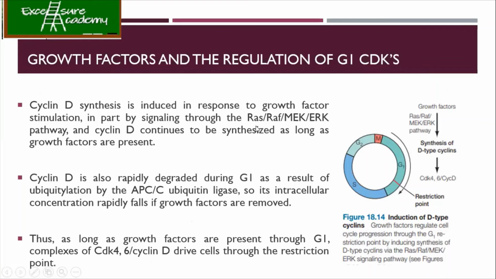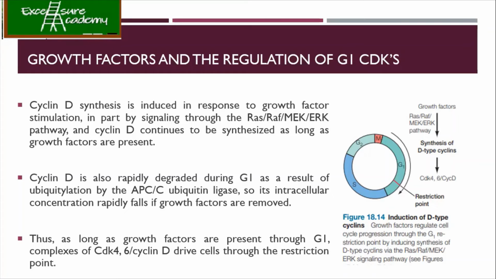So guys, now I hope you remember the RAS-RAF-MEK-ERK pathway. What is happening here? The growth factors come and bind to the receptor, and the receptor here is a tyrosine kinase. When the growth factor comes, dimerization of the receptor happens, then autophosphorylation, then the phosphorylated cytosolic domain of the tyrosine kinase gets recognized by the SH2 domain of proteins.